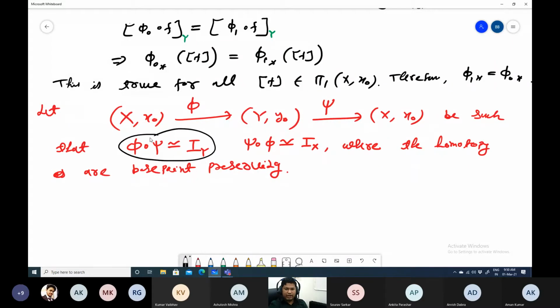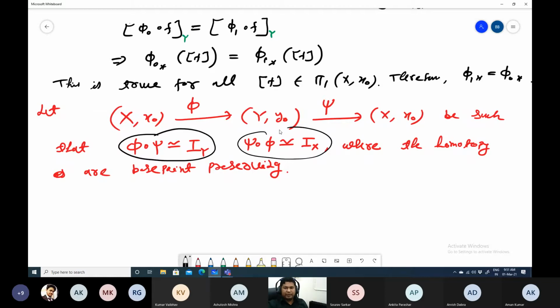And similarly, for y0, y0 goes to y0. Whenever you have this homotopy, then for each t, you should have x0 going to x0. That means they are base point preserving.